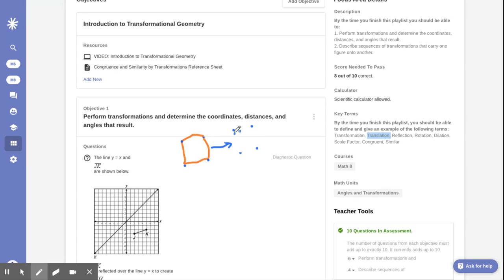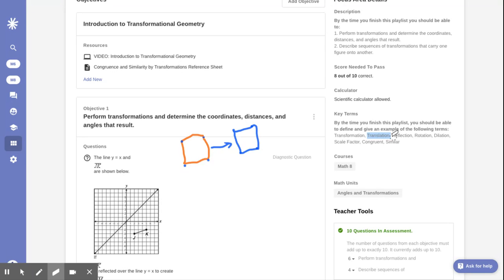Well, by doing that, the square never changed sizes, it just moved. That's a translation. Translations are told by either moving 9 units left, 9 right, 10 left, 10 up, 2 up, 2 right. So you're just moving it around. Never changes the size of it, you're just moving it around.